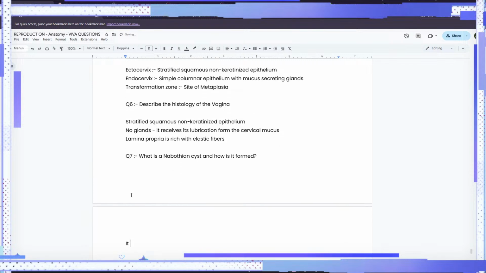It is a benign cyst formed when mucus-secreting cervical glands are obstructed by the squamous epithelium. Yeah, awesome. That's good enough.